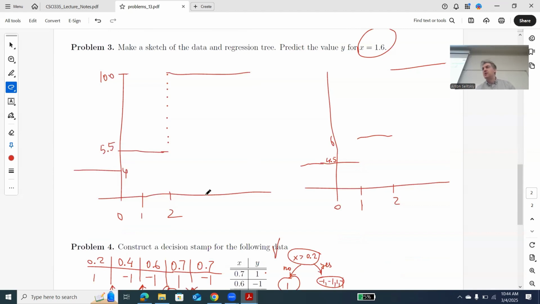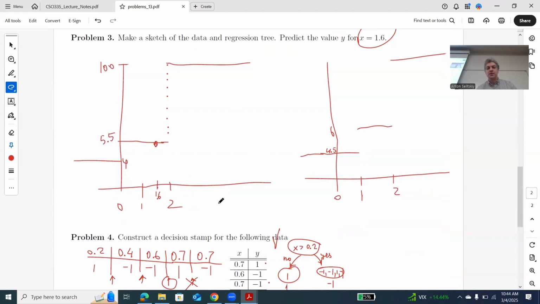Whatever plot you are using, you just find the point 1.6 and you get the prediction. So for the first plot, y of 1.6 will be 5.5. For the second case, the prediction will be 6.